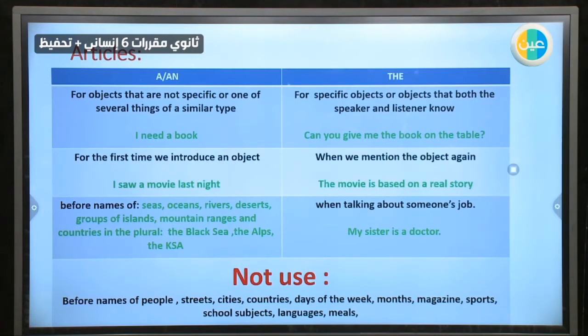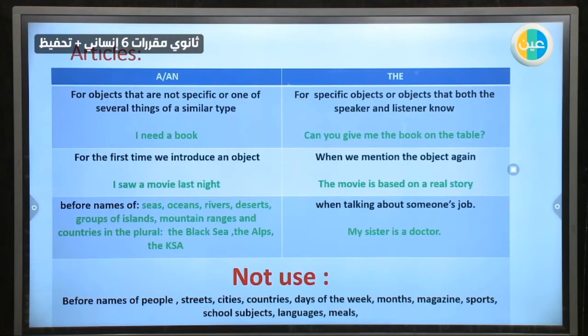The speaker and the listener know very well what book we are talking about. Number two, we use a and an for the first time we mention an object, like I saw a movie last night.